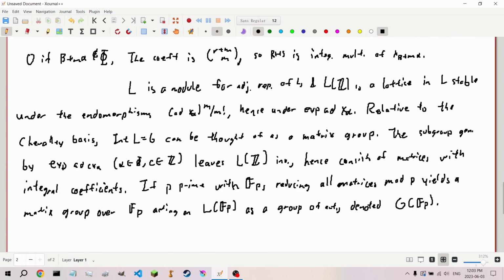We can generalize this, I think, a bit here. So we're going to let T be an indeterminate.